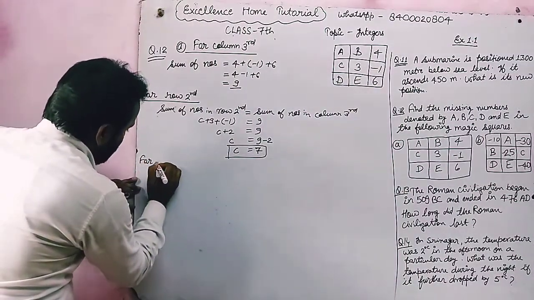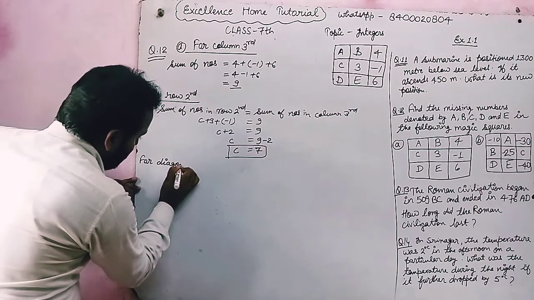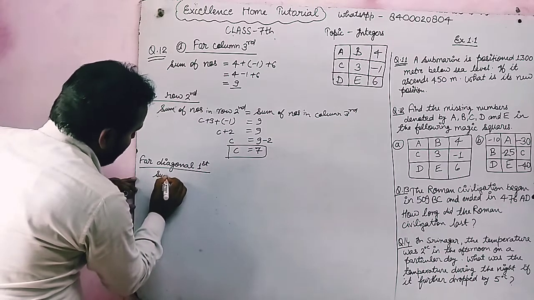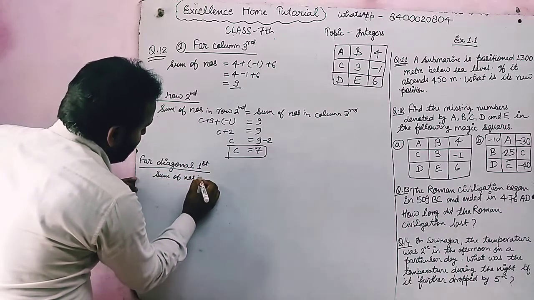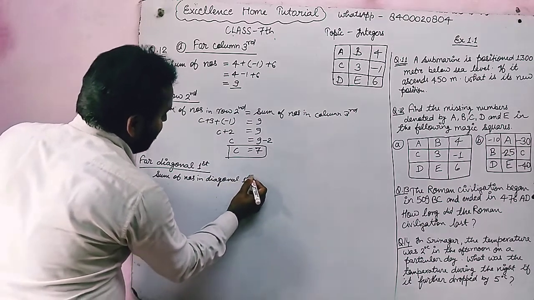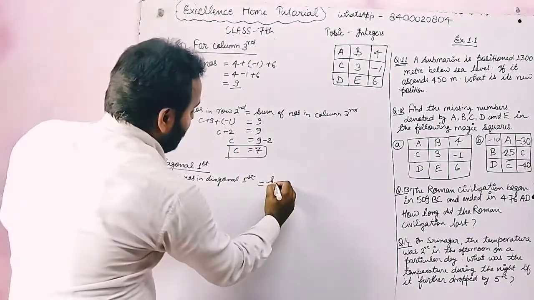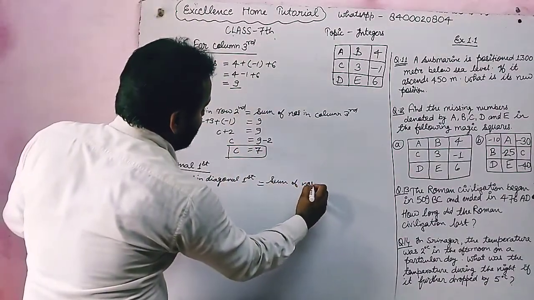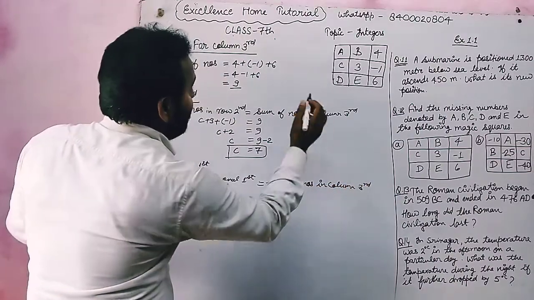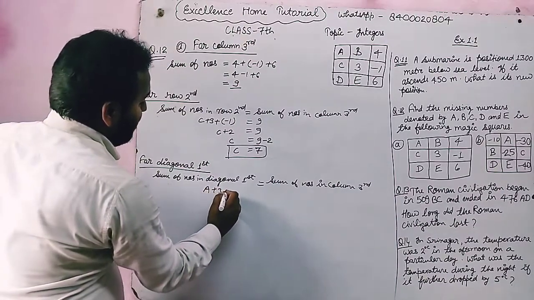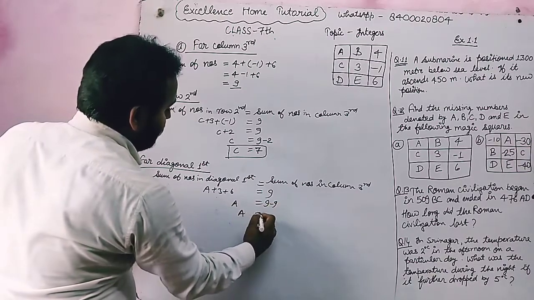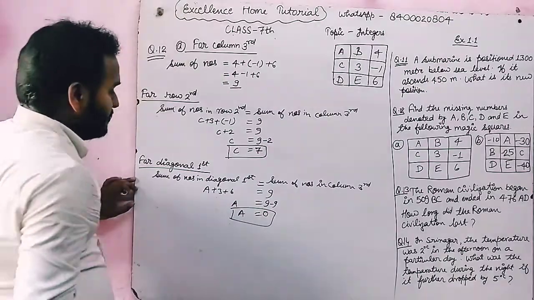For diagonal first, sum of numbers in diagonal first equal to sum of numbers in column third, that is A plus 3 plus 6 equal to 9. A equal to 9 minus 9, that is A equal to 0. So A is equal to 0.